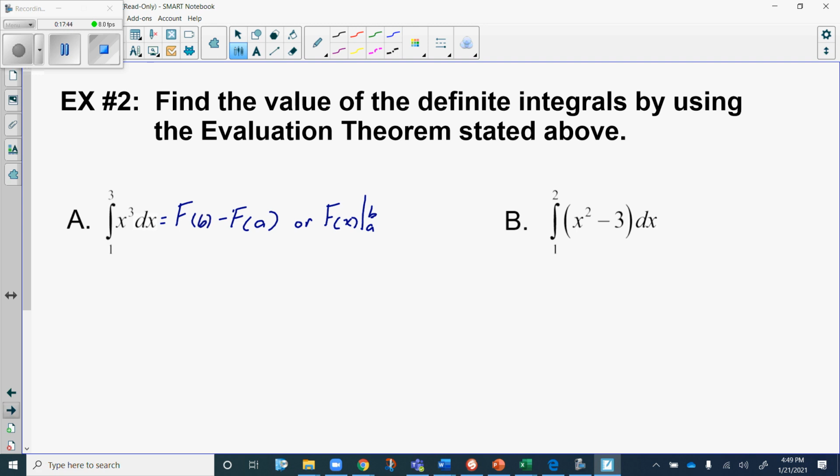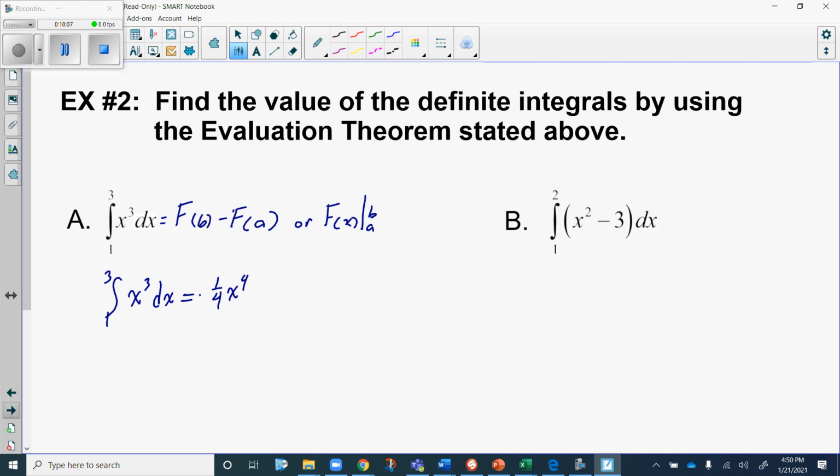In this case, from 1 to 3, we have x cubed dx. The antiderivative of that is 1/4 x to the 4th power.